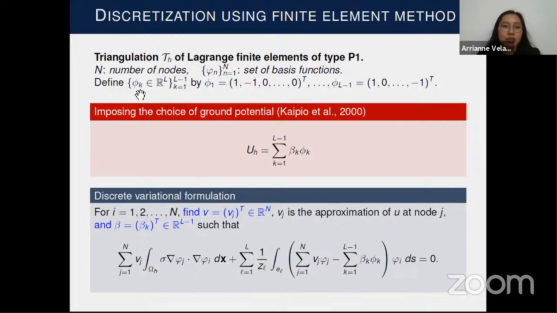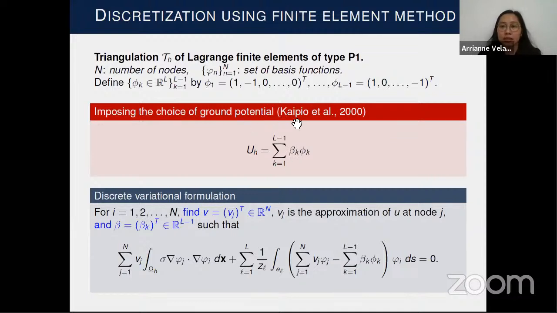And we define a particular set of vectors, phi_k's here. These vectors are used to get a new representation of the boundary voltages, as a linear combination of the vectors phi_k. This new representation is used to impose the choice of ground potential.